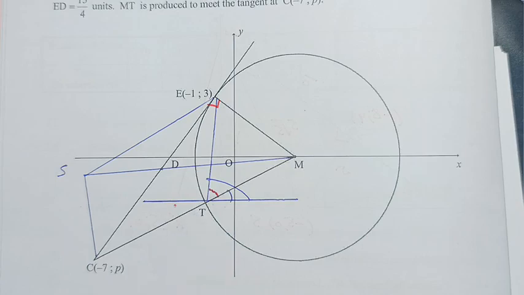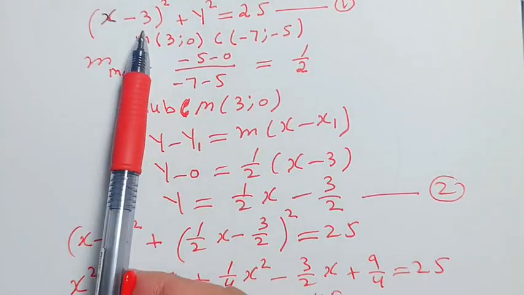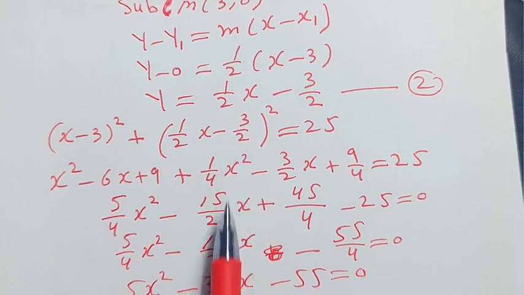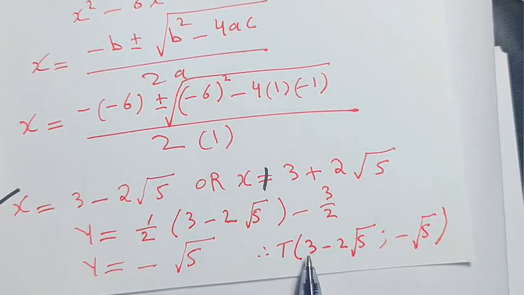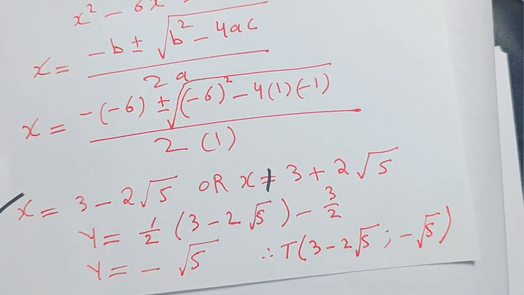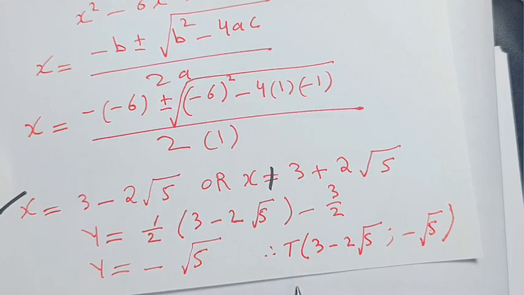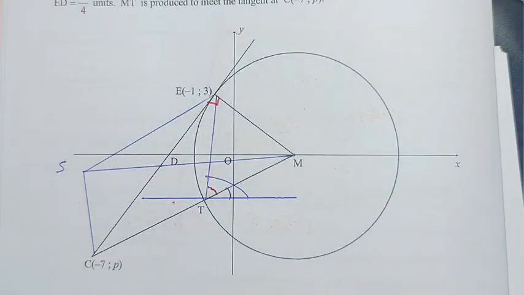Still we need the coordinates of T. So therefore you equate the circle equation and the equation of MC, and you find the coordinates of T using simultaneous equations. After that you don't need to use the angle between two lines, the angle of inclination. You can use the cosine rule. I'll show you how to do this method.